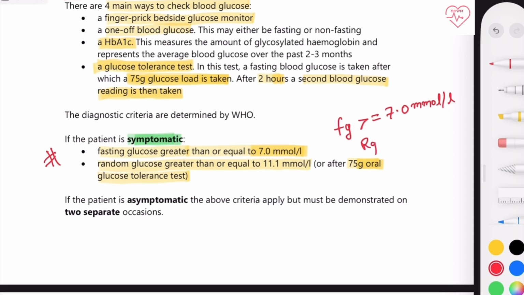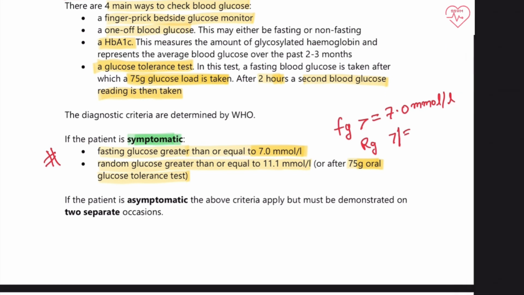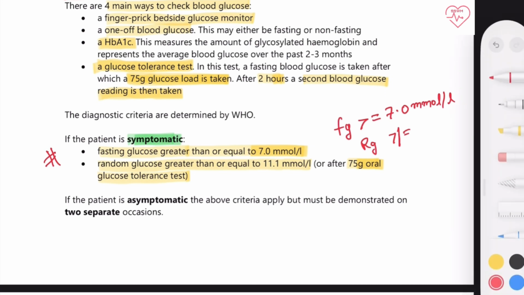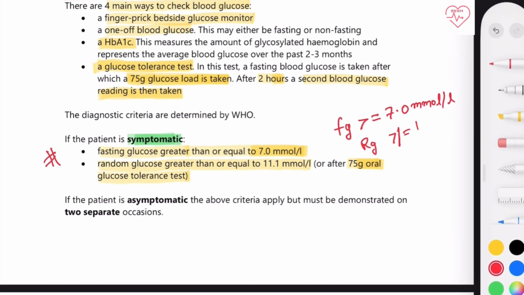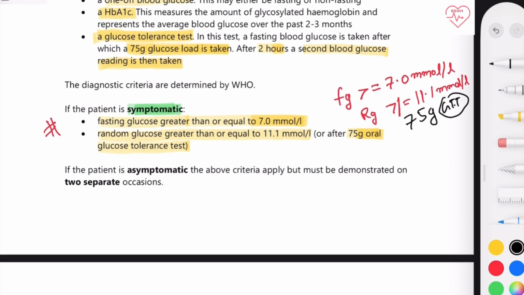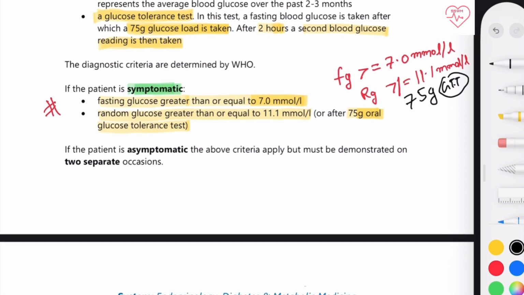And the random glucose will be greater than or equal to 11.1 millimole per liter, or a 75 gram glucose tolerance test. Okay, so everything is written there. I just want you to remember everything.